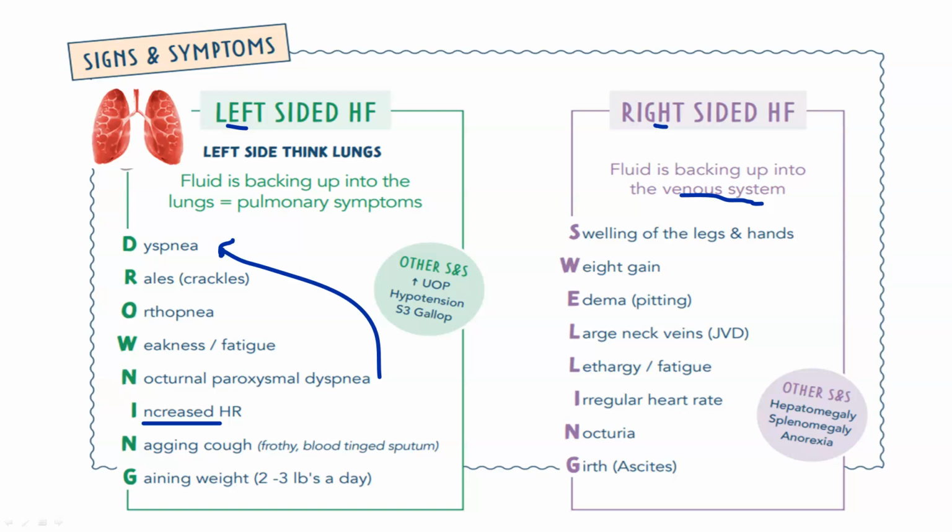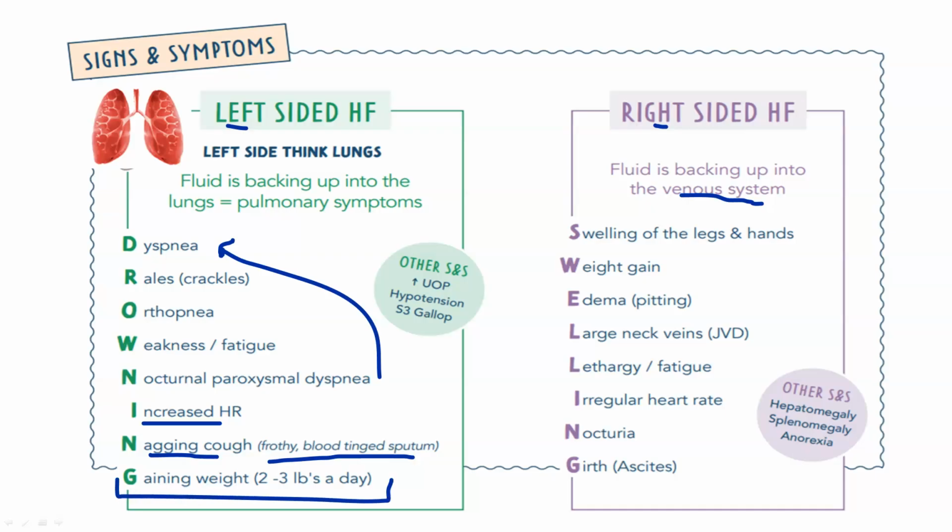Increased heart rate, because we've said that's the earliest compensatory mechanism. This nagging cough, you've seen, I'm sure, a million things about pink bloaters and pink puffers and blue bloaters. So you have this frothy pink blood-tinged sputum. And then weight gain, right?